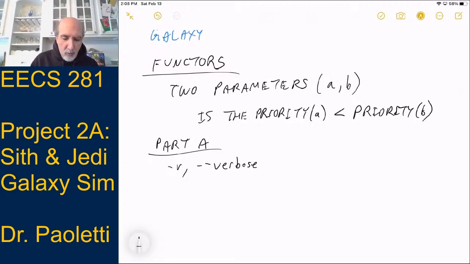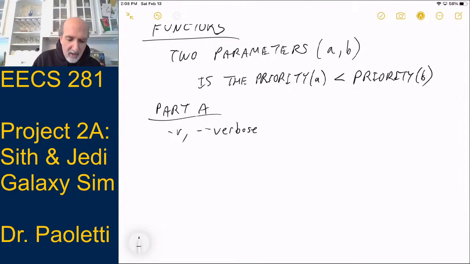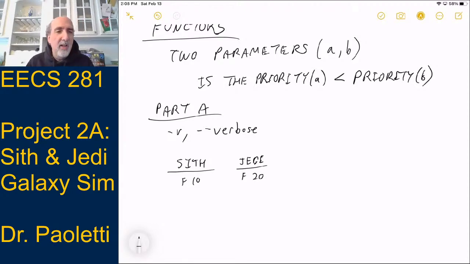So if there's a Sith with force sensitivity 10, and a Jedi with force sensitivity 20, the Sith will hide behind a rock and won't even let the Jedi know he's there. He will not fight.